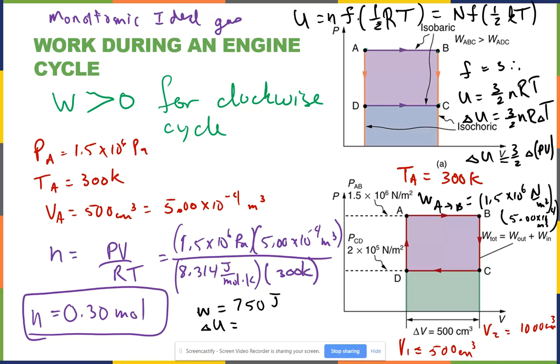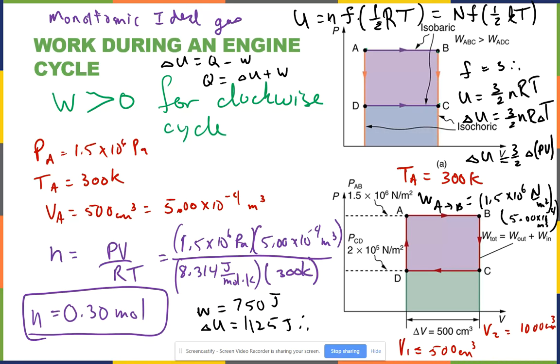I am lazy today. Yes, that is correct. Using our first law of thermodynamics, delta U is equal to Q minus W. So Q is equal to delta U plus W. And so I'm going to have Q is equal to 1875 joules if I add those two together.